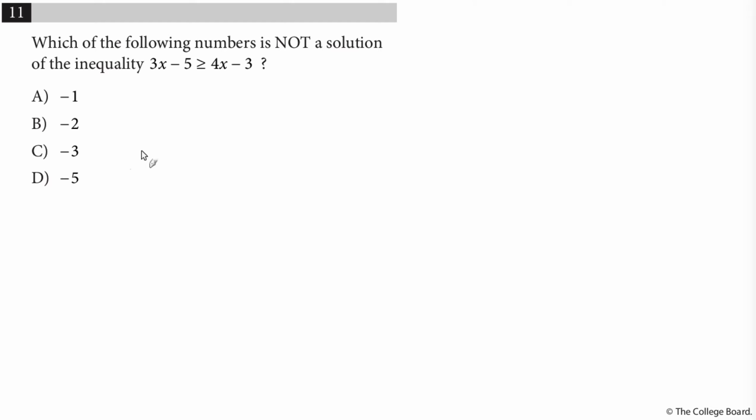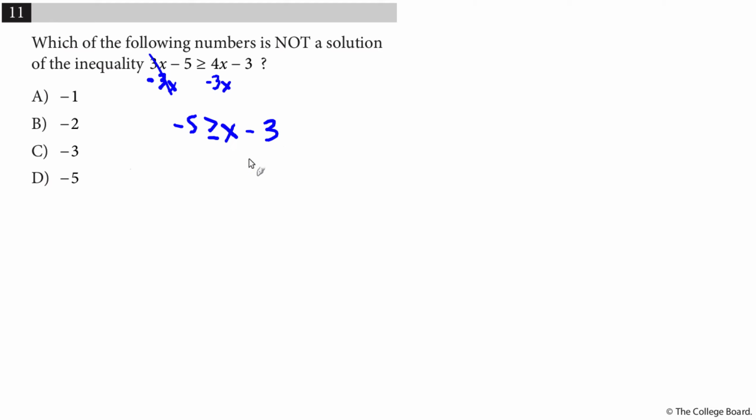So there are two pretty good ways to address this. One way is to just directly attack this inequality. I will first get all the x's on one side, and I'm going to move the positive 3x because it is less than 4x, and that will leave me with a positive number of x's, so I don't need to worry about dividing by a negative number and flipping the inequality.